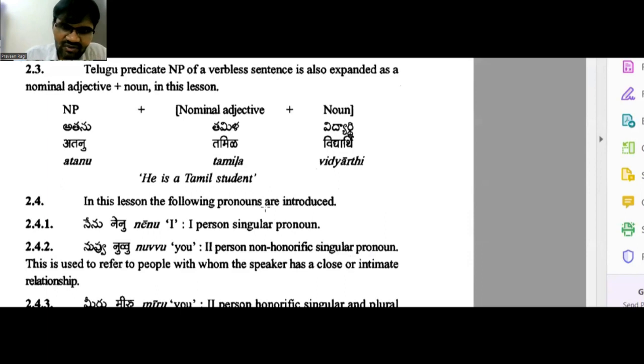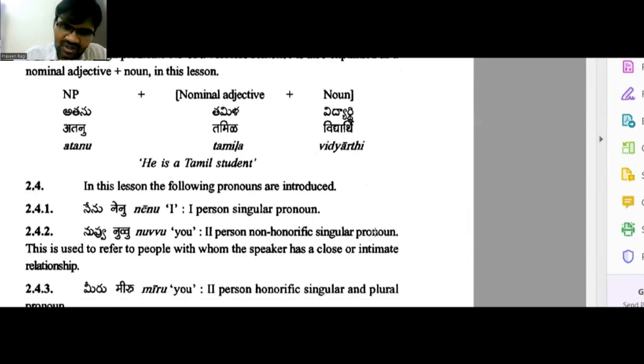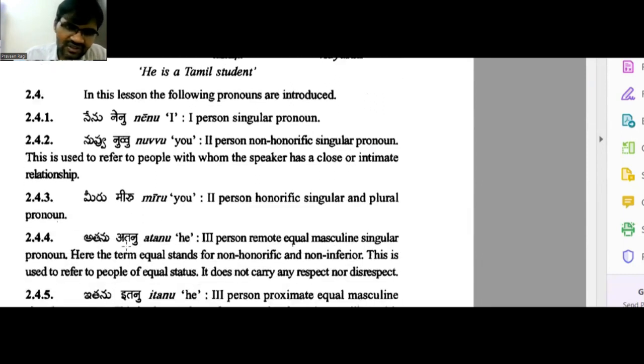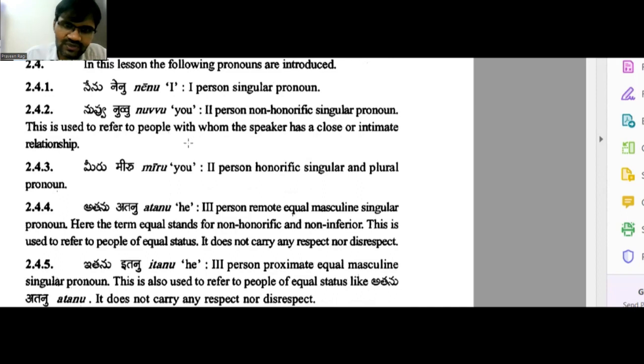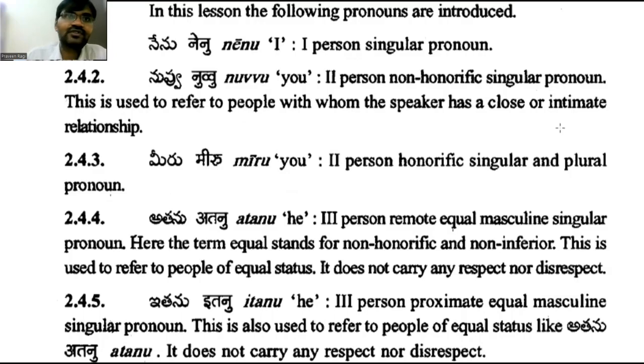In this lesson, the following pronouns are introduced. Nenu, we already learned this one. Nuvu, second person non-honorific singular, this also we learned already. This is used to refer to people with whom the speaker has a close or intimate relationship. So very like a family member, okay. Blood relationship. No need to show respect.